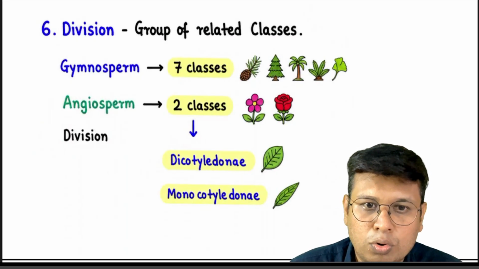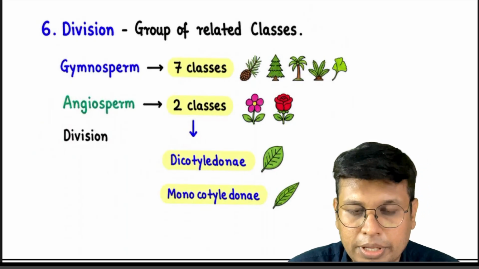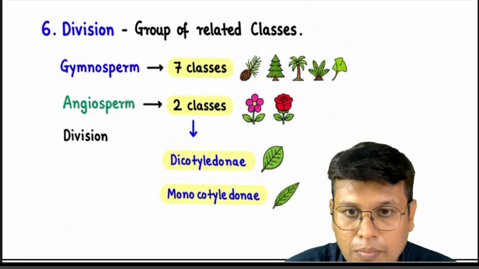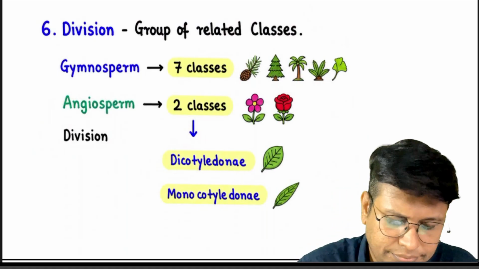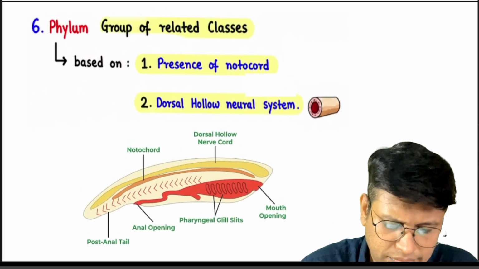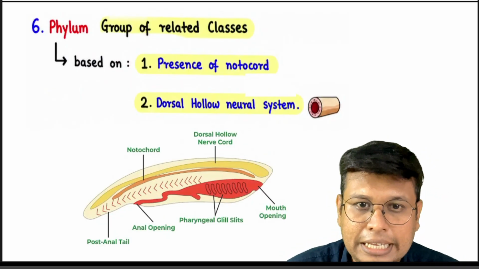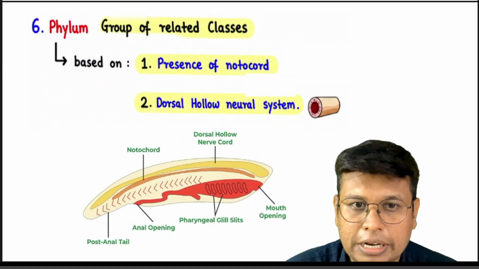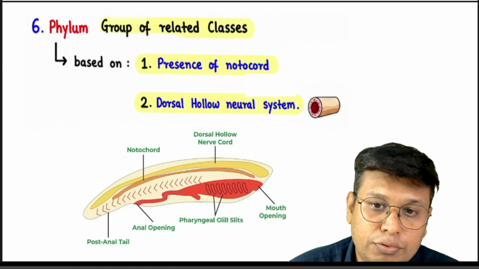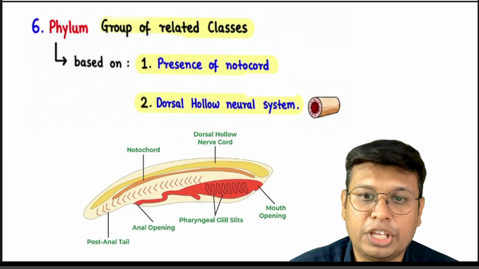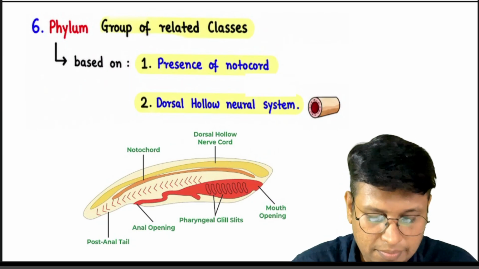We have two divisions, gymnosperms and angiosperms, and in angiosperms we have dicotyledons and monocotyledons. Next, phylum. Phylum is also a group of related classes. Division we use for plants, and when we go to the animal kingdom we use phylum.